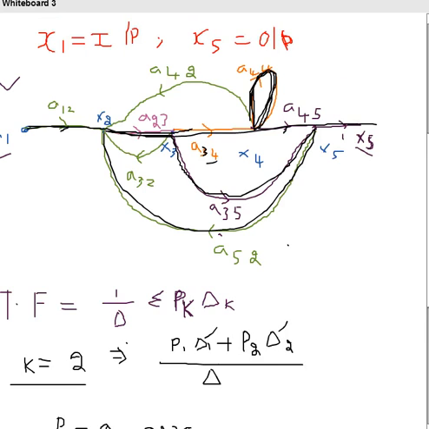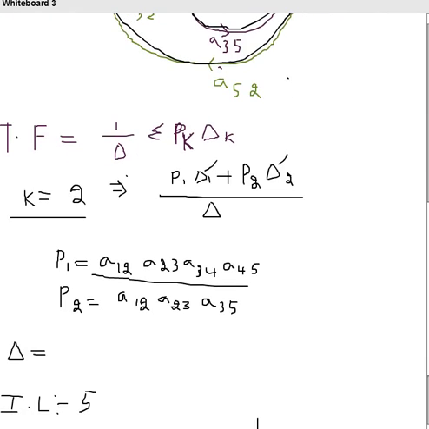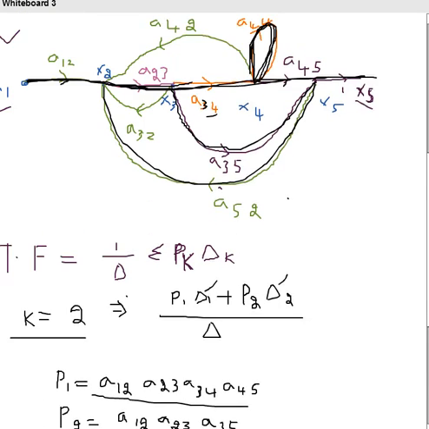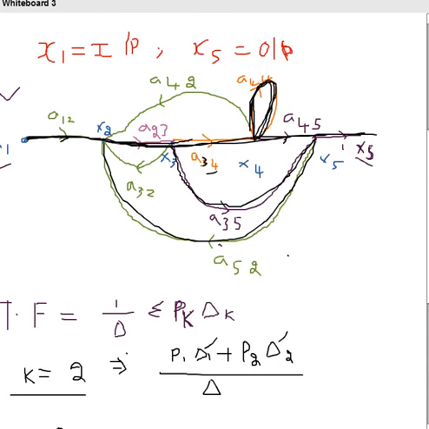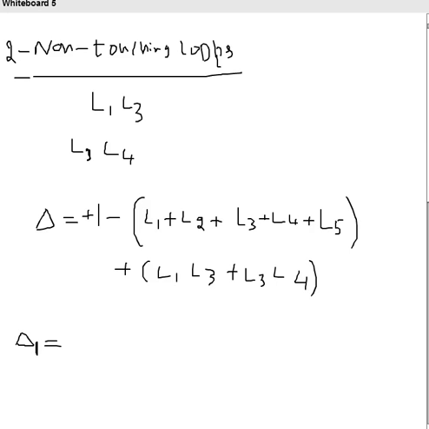So this is the first forward path. So for this path, all the loops are touching this path, right? But I have to take the graph which is not touching the first forward path. But for this path, all the loops are touching the first forward path. So therefore delta 1 is 1. L1, L2, L3, L4, L5, all are 0 only.